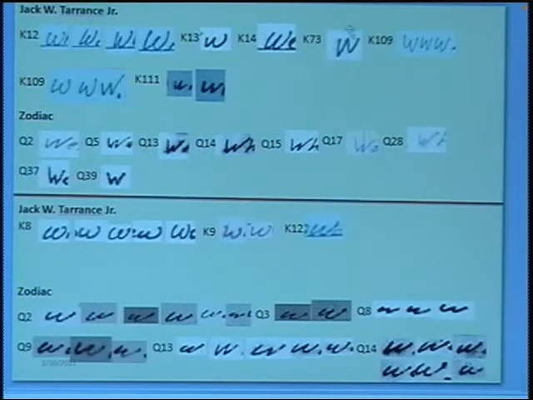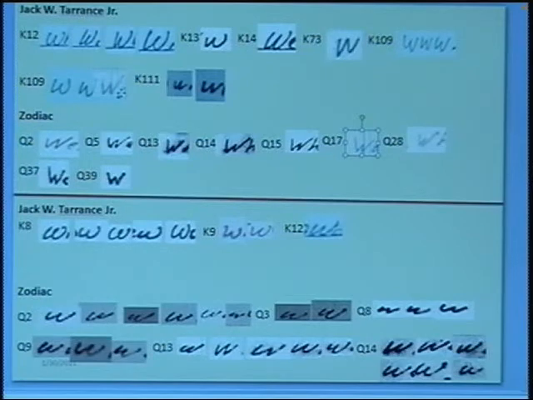Capital W's and lowercase w's are generally done with rounded bottoms. We do see some executions of pointed bottoms in Jack's writing, and we're going to use those as a comparison with the Zodiac's W's because his choice for disguising his W was the pointed W. We can take Q17 right here and lay that over the top of Q109, and what we find here is the spacing between all of these strokes are fairly identical.